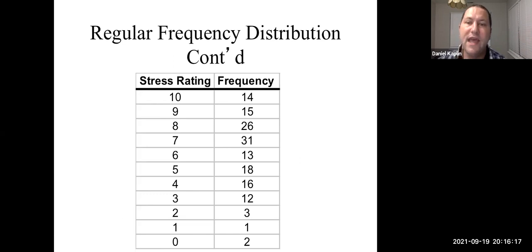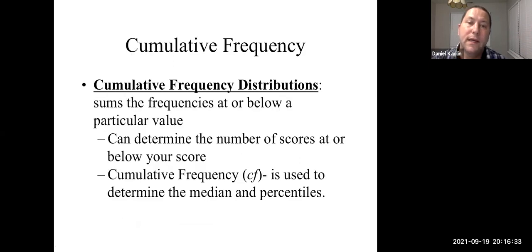And then in the F column would be frequency, because the symbol F represents frequency. You would have however many times 10, 9, 8, 7, 6, 5, 4, 3, 2, 1 or 0 occur.